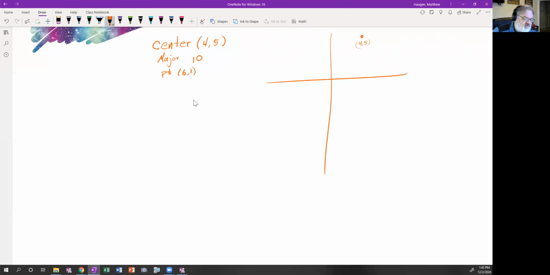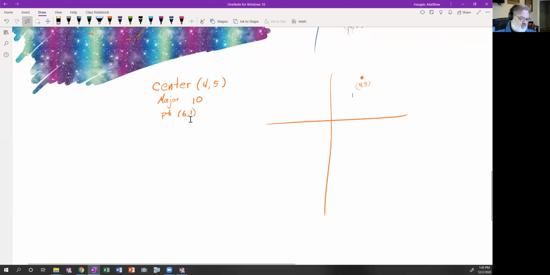I don't know why I drew it so high. It goes through the point 6,1. So it goes through a point there. And the major axis length is 10.